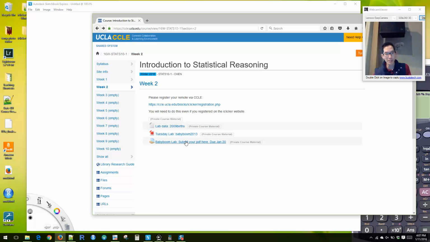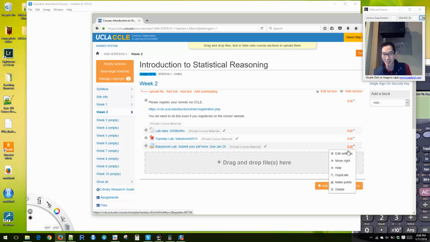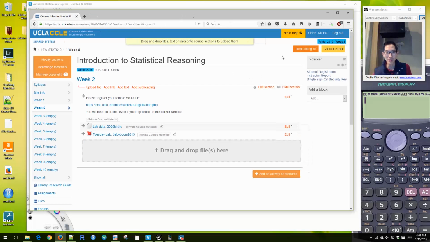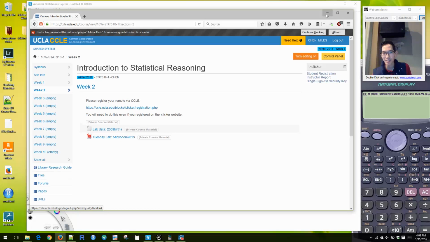I don't know if it'll separate you by TA automatically, or if I have to create 4 separate ones. How does it work in your other classes? Do you have 4 separate things to turn in for each section? Yeah? Okay, so I'm going to have to create 4 things, one for each section. Okay, I will do that then. Note to self, turn editing on. I'll delete this and I'll do it for section 1, 2, 3, 4, or A, B, C, D. Okay, all right, I'll fix that.